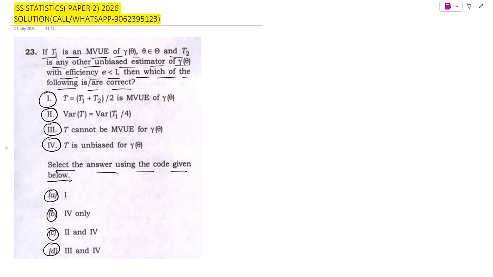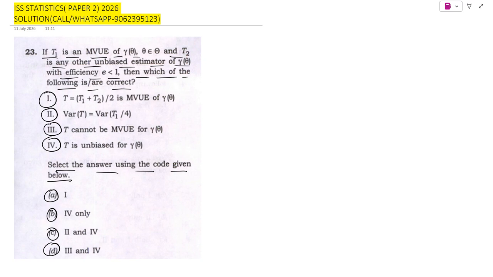Okay. Now, before solving the statements, let's revise the definition of MVUE. MVUE stands for the minimum variance unbiased estimator. Okay, and it satisfies two conditions. First, it is unbiased, and second, among all unbiased estimators, it has the smallest variance.